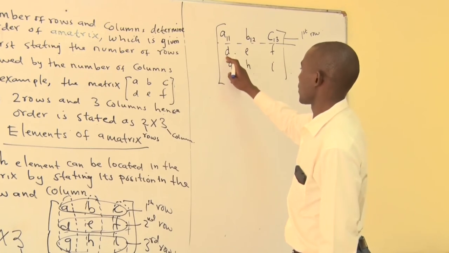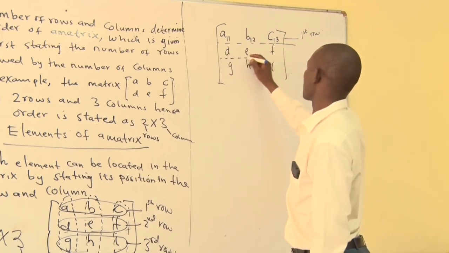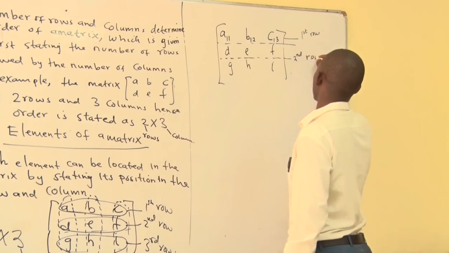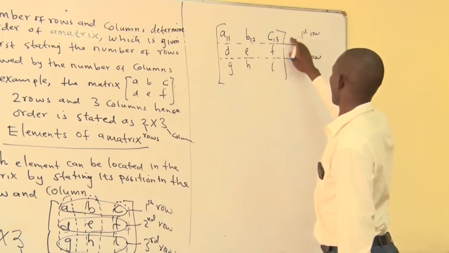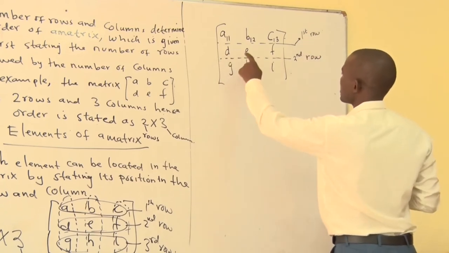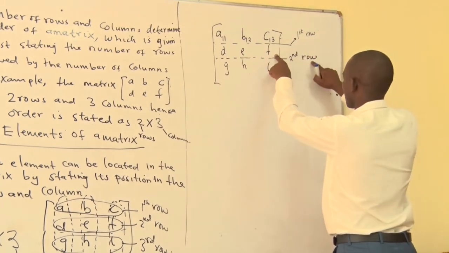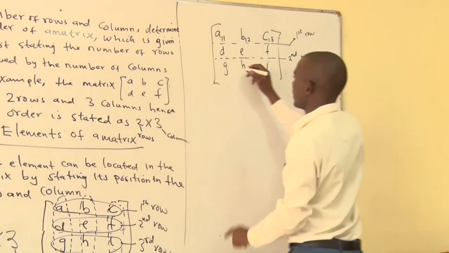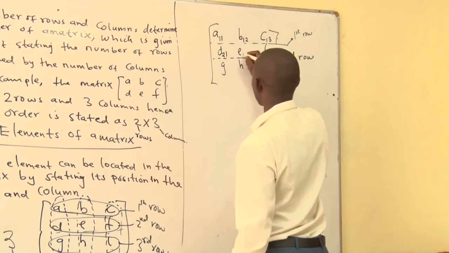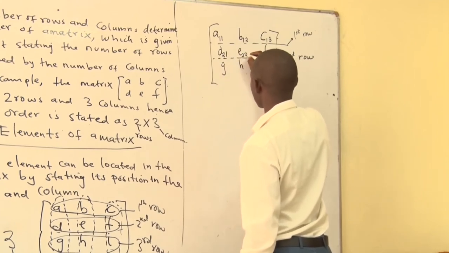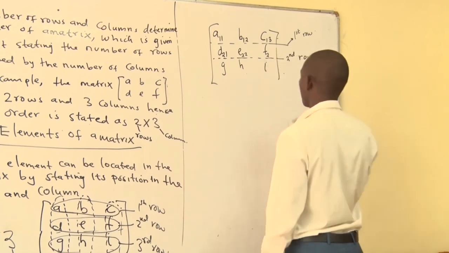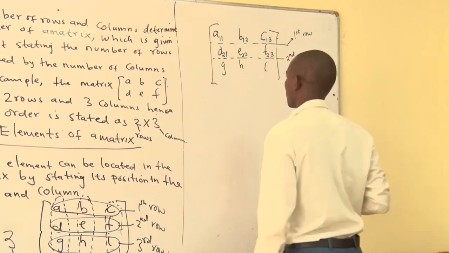We come to this other one. We are now moving to the second row. This is the second row. This was our first row. All these letters D, E, F are in the second row. So meaning this is in the second row but the first column. They're in the second row, second column. Second row but third column.